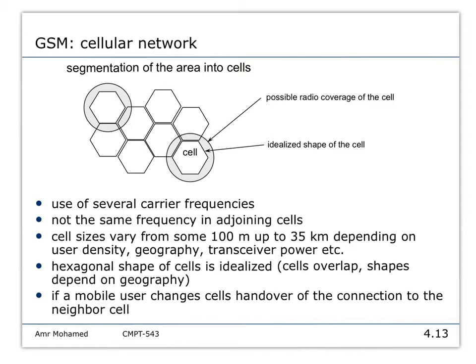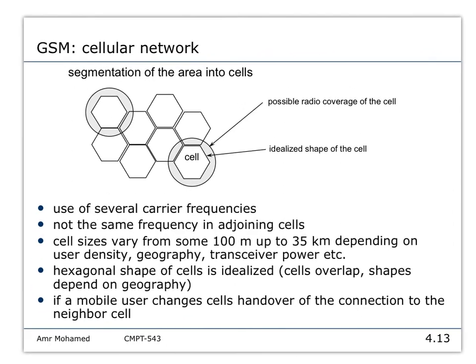Each cell uses different carrier frequencies, such that cells that are adjacent to each other have to use different frequencies so that you minimize the interference between the cells. Depending on what type of antenna you're using, you may subdivide each cell into sectors.